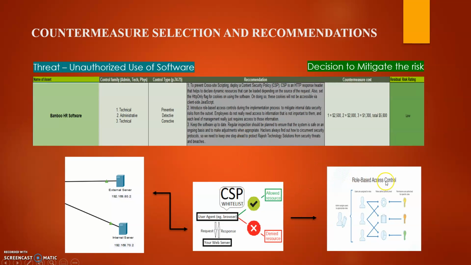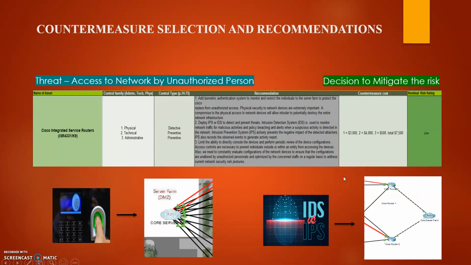Introducing role-based access controls during the implementation process would help us mitigate internal data security risks. This needs to be used in the external and internal software servers inside the server farm. The countermeasure cost to deploy this recommendation would be $5,800, and the residual risk rating would be low.